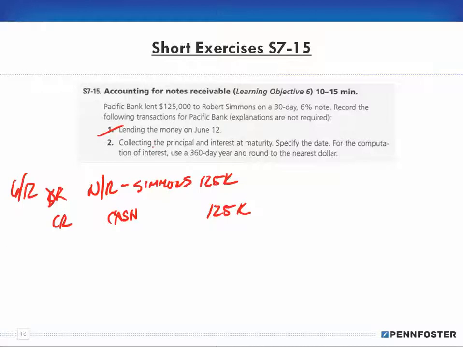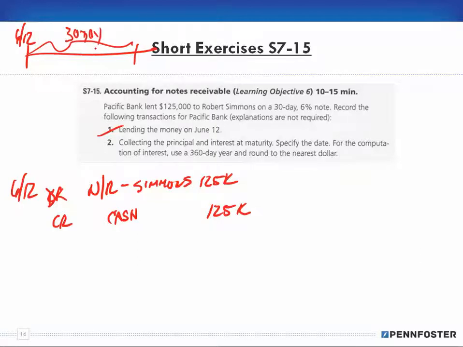Now it says here, collecting the principal and interest at maturity. Okay, so at maturity is when? All right, well, draw a timeline. This is 6/12, and it's a 30-day note. So 30 days later, this time frame is 30 days.